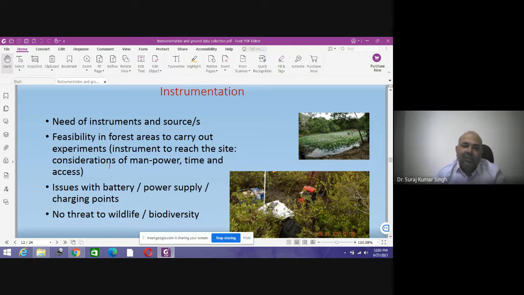It's very important, because many times there are no charging points, there are no power supplies, there is no mobile network. Many times people think there is no need of carrying a GPS, that the mobile you are carrying can be used for getting the locations of the samples.